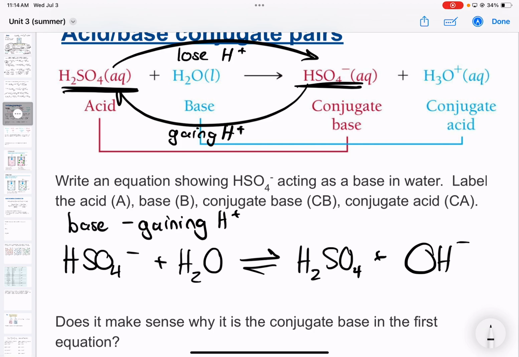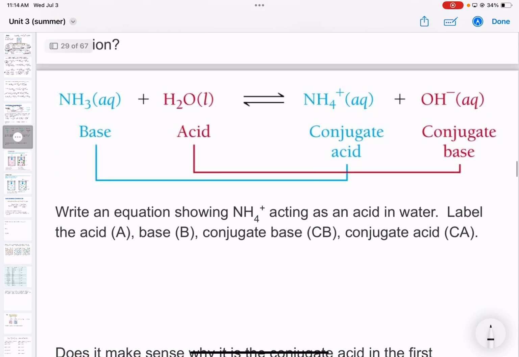And the opposite's going to be true too. Anytime you have a base, the thing it turns into has the ability to act as an acid. So let's look at one of those. NH3 turns into NH4. Just kind of proving the point here.